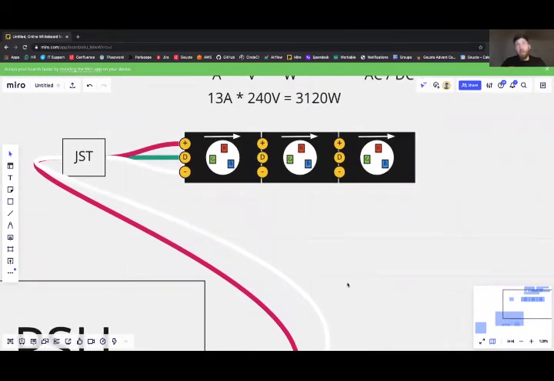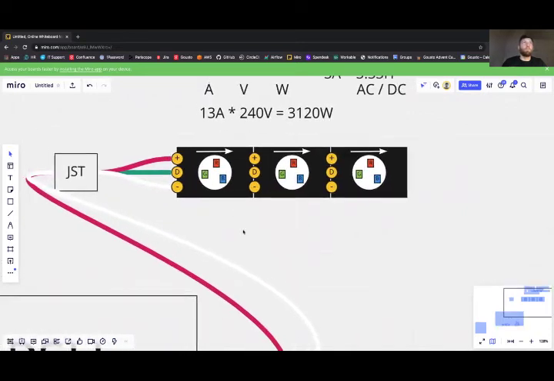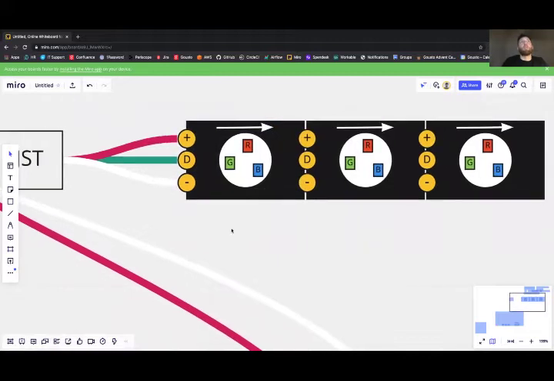This circuit is essentially already connected back into everything it needs to be. There are tiny copper traces inside these printed circuit boards which connect this negative wire all the way through to here and all the way through to here. In addition, there are tiny copper traces that also connect this positive wire through to here and through to here.